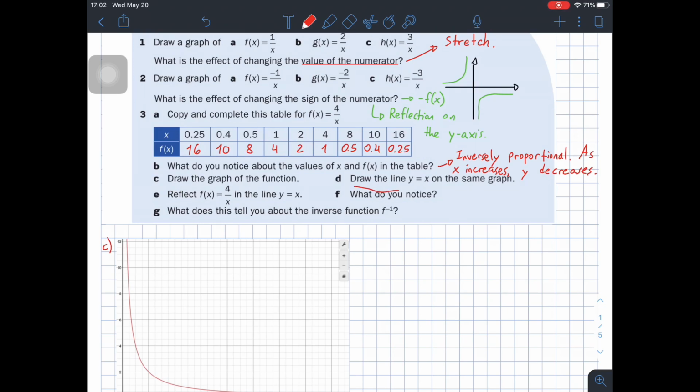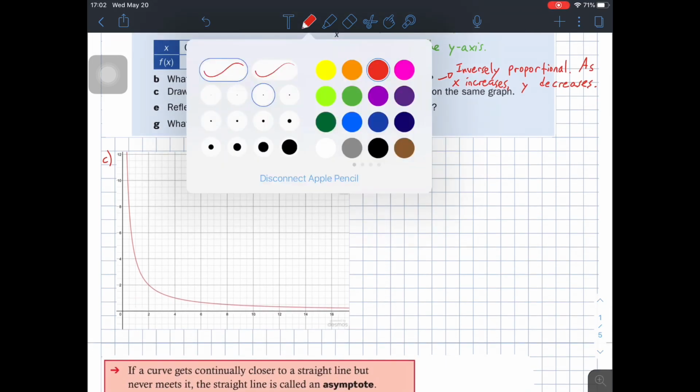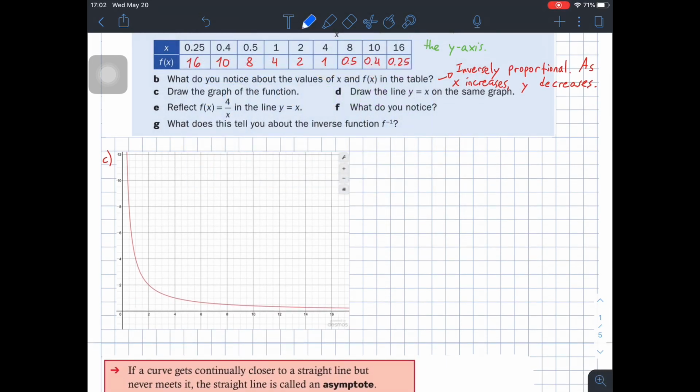And then it says D, draw the line y equals x on the same graph. Remember, the line y equals x is a 45-degree line, right? So if we draw this using blue, maybe, this line over here would be the line y equals x.